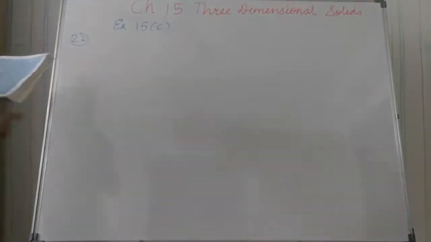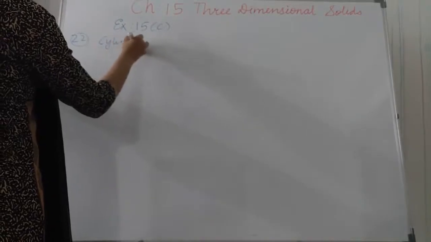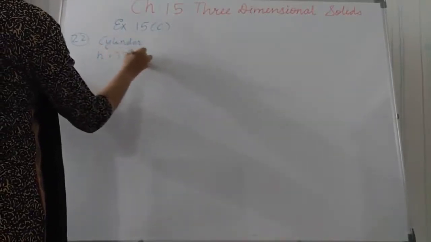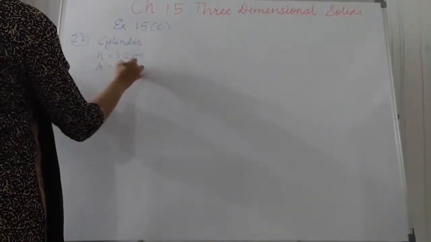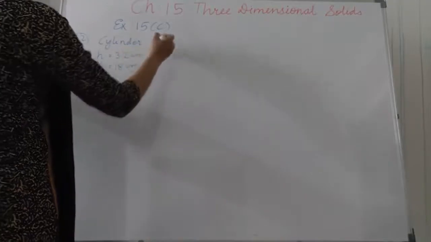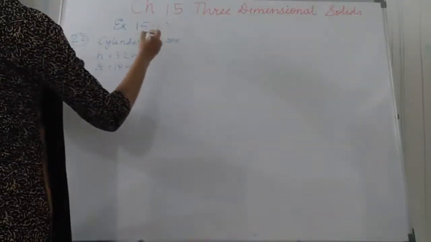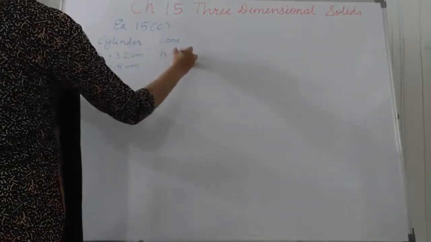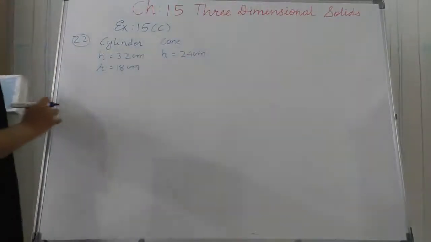So here first I am writing cylinder shape and its height is given 32 centimeter and radius is given 18 centimeter. Also this is the cone shape in which if the height of the conical heap, so h is given 24 centimeter. We need to find slant height and radius of the cone.